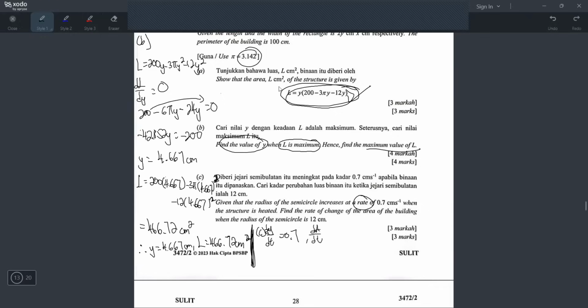But since just now I already used L to represent area, let's write L also. So dL, the rate of change of area of the building, we want to find when the radius is 12. So instead of writing r equals 12, you write y equals 12, because I already said in this question the semicircle radius is represented using y, right?